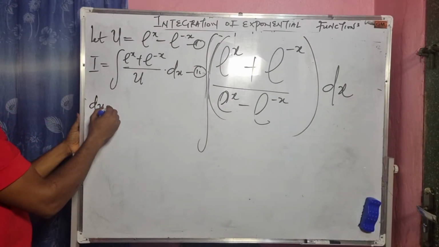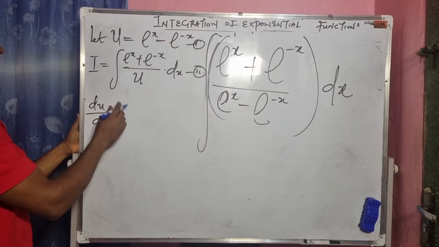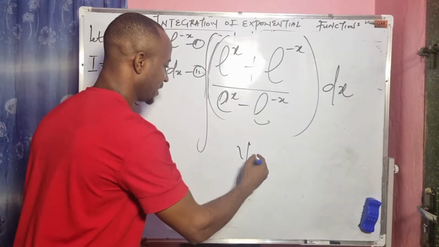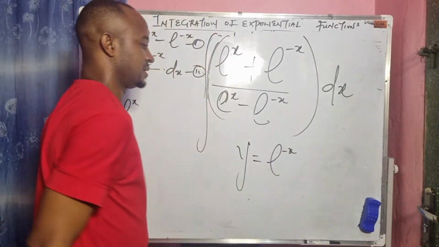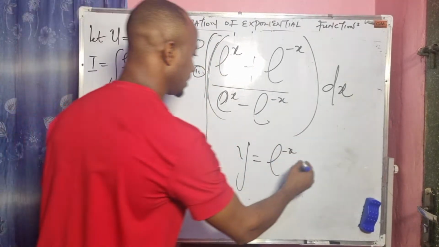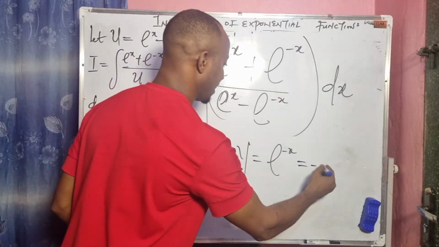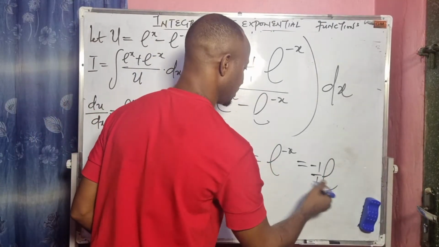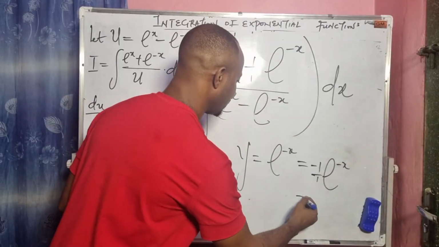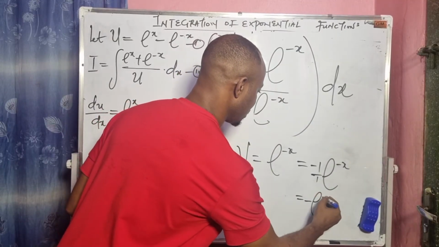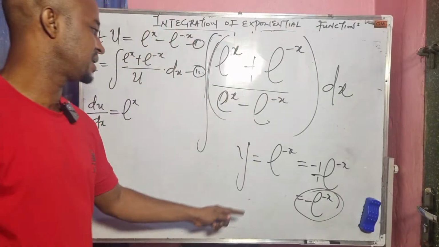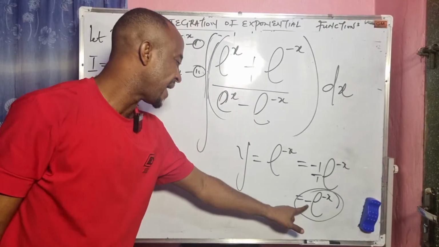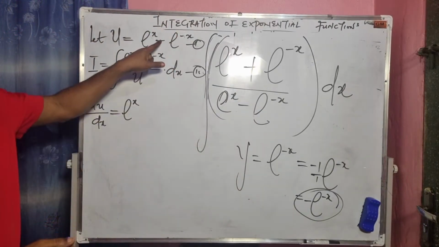I will say du over dx. Differentiating this, I have e to the x. If I differentiate y equals e to the minus x, the rule says we have minus 1 over 1 times e to the minus x, which gives minus e to the minus x. So differentiating this alone gives minus e to the minus x, and the minus times minus gives plus.